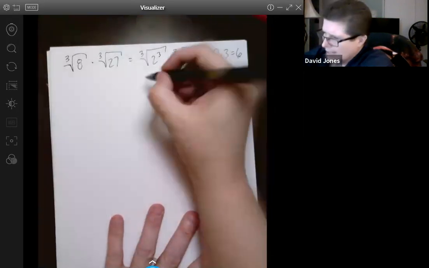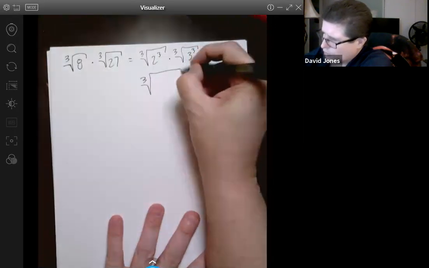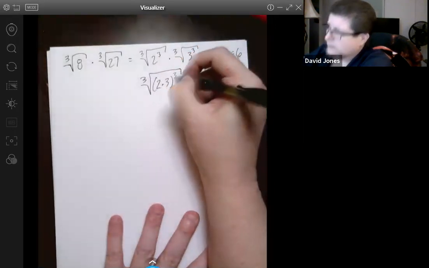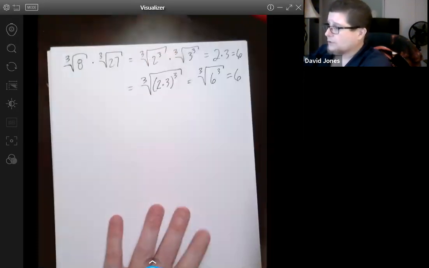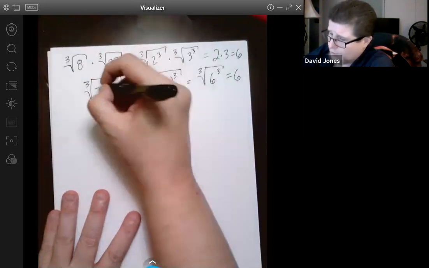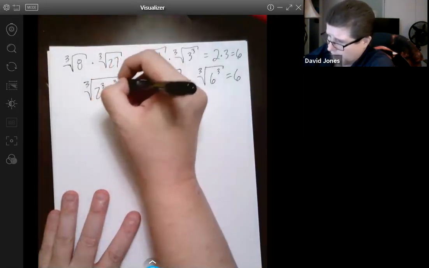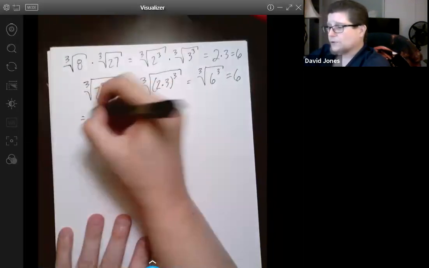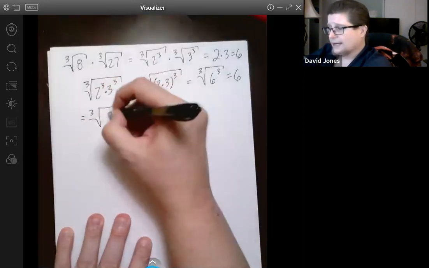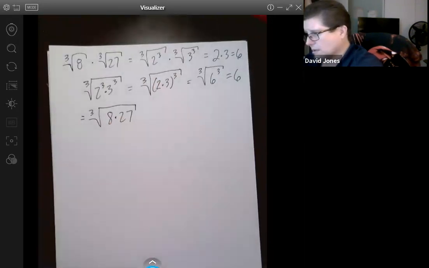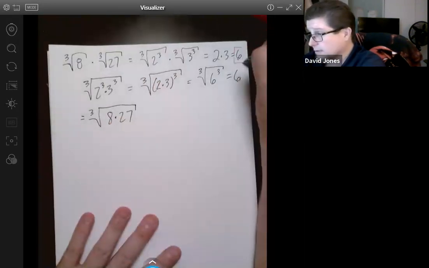But I could write that as the cube root of 2 times 3 cubed, which equals the cube root of 2 cubed times 3 cubed, which is the cube root of 8 times 27. These both led to a 6.